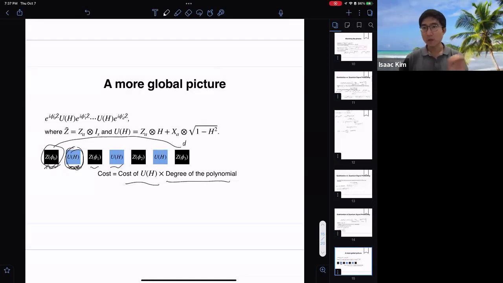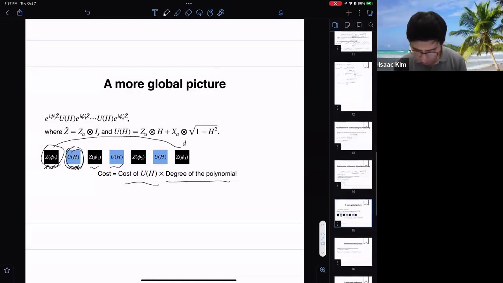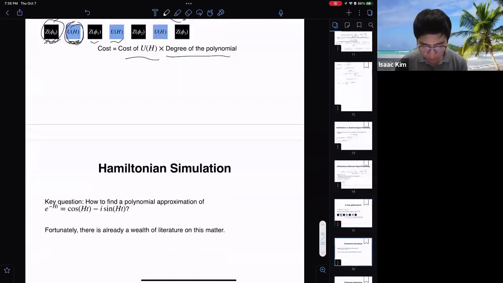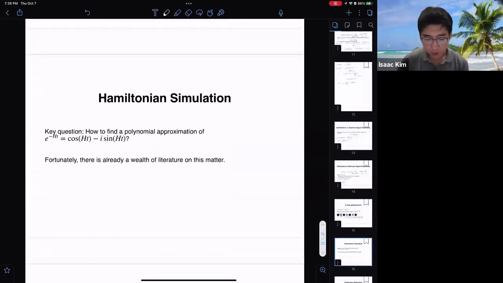It's very, very modest. Okay, so now coming back to our main question, how does Hamiltonian simulation actually work?